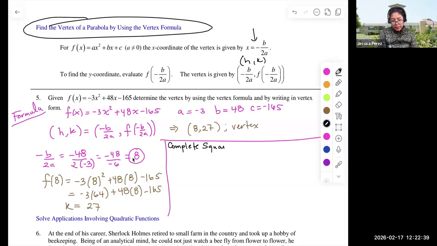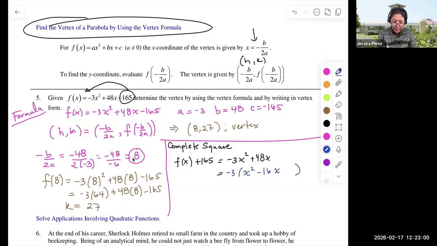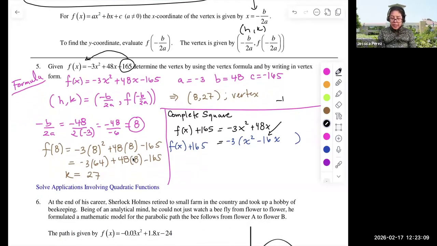Let's complete the square. So the first thing is, remember, we move the 165 to one side by adding, so it is equal to negative 3x squared plus 48x. Now we are going to factor out the negative 3 and we're going to have x squared minus 16x. We're going to leave a space because we're going to complete the square. Now we're going to take our middle term, negative 16, divided by 2 and square that number.